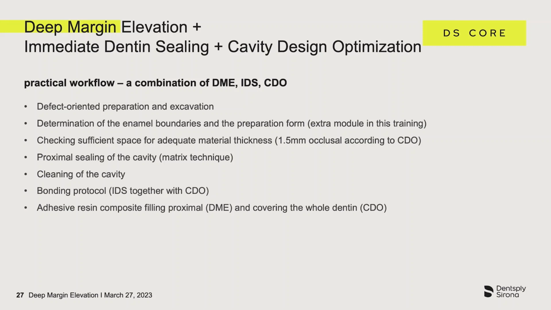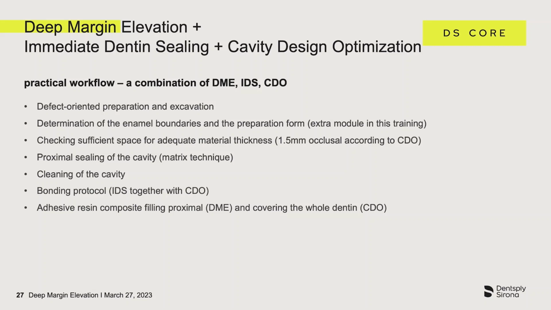The first step is always the defect-orientated preparation and excavation. It is at this point that the enamel margins are defined and the preparation shape is also determined. For this, we refer to the tooth preparation module, where there are some instructions on the preparation shape.